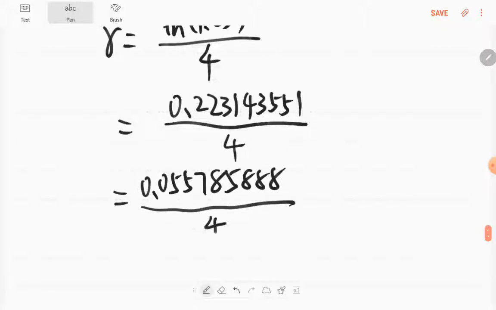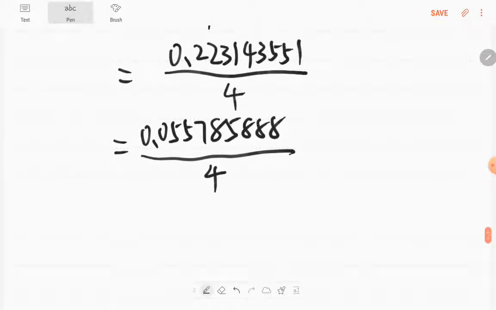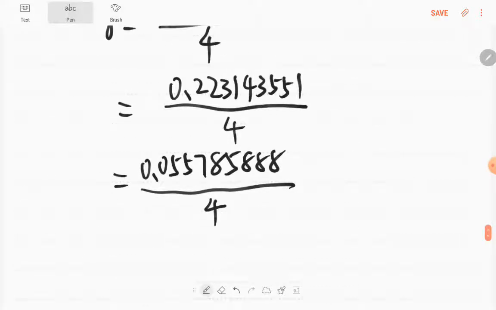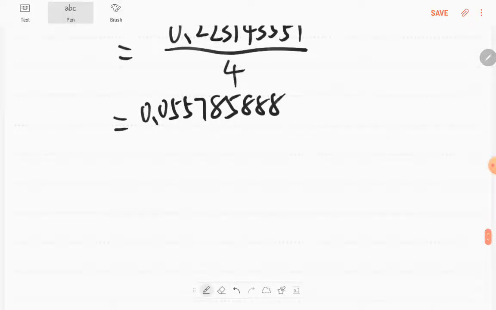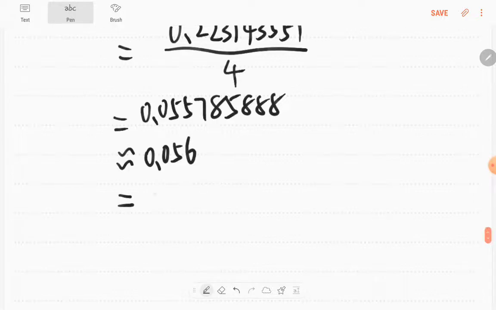Sorry, there is no extra divide by 4; you divide this number by 4 and you get this number. This is the annual rate. But if the problem asks you to keep 3 decimals, this would be 0.056, which is 5.6%. Okay, so this is the annual rate.